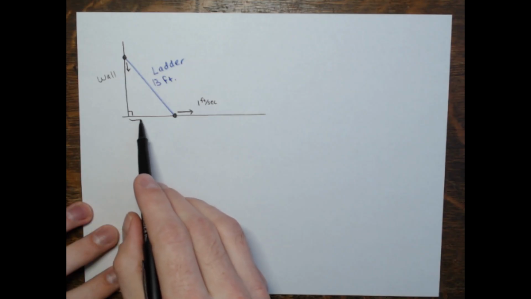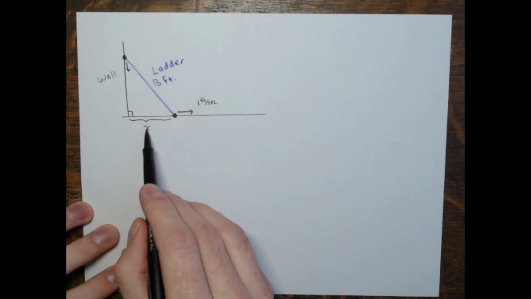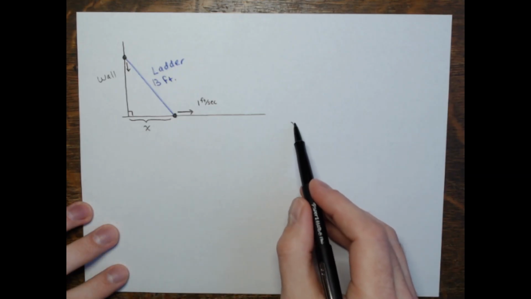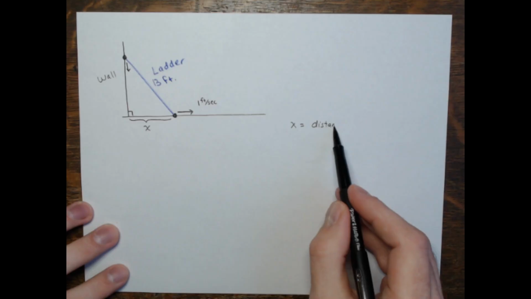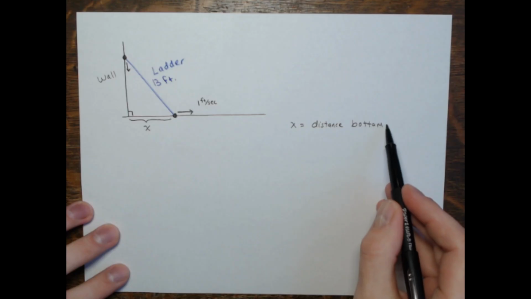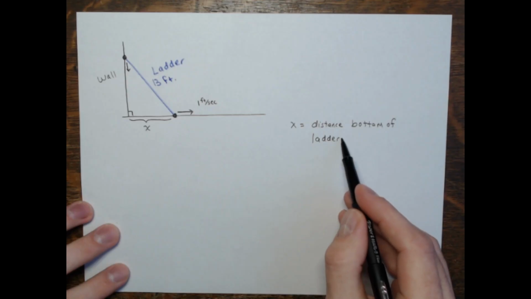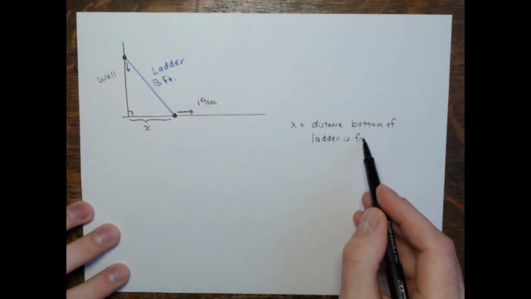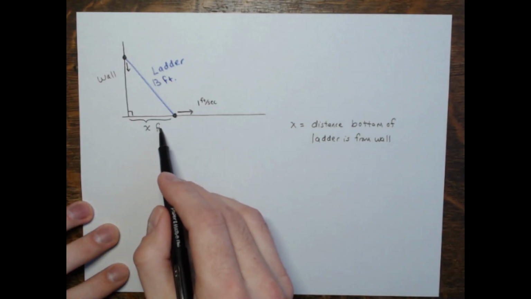So obviously, I hope this is obvious. I'm going to call this x. So x will represent the distance the bottom of the ladder is from the wall. So let's say x feet.